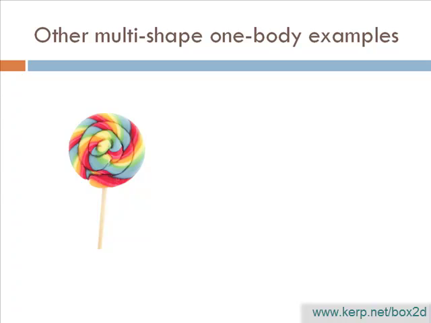But I think the more common example you'll run into is something like a table. I mean, most shapes that you run into in Box2D in these types of games will have the same type of material throughout. And if we were to model this table, let's say we were looking at it from a side view in our Box2D engine, we would have one shape probably for this tabletop, and then one shape for the right leg, and one shape for the left leg.